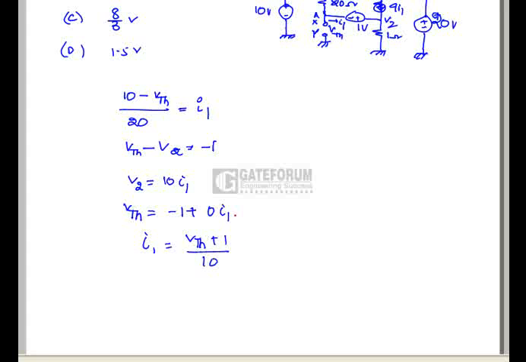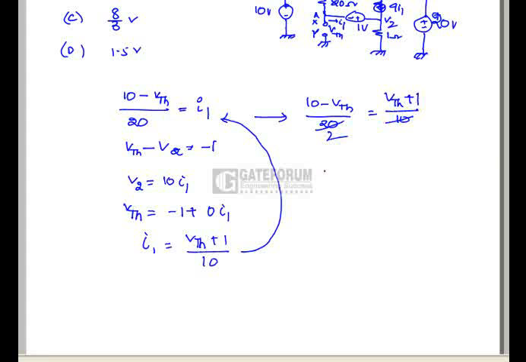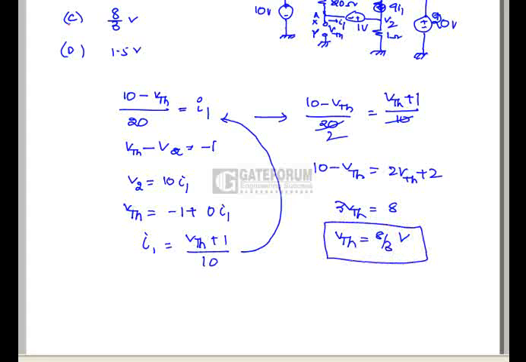Substituting this into the earlier equation: (10 minus V Thevenin) divided by 20 equals (V Thevenin plus 1) divided by 10, that is 2. So 10 minus V Thevenin equals 2 V Thevenin plus 2, that is 3 V Thevenin equals 8, that is V Thevenin equals 8 by 3 volts, which is option C is correct.